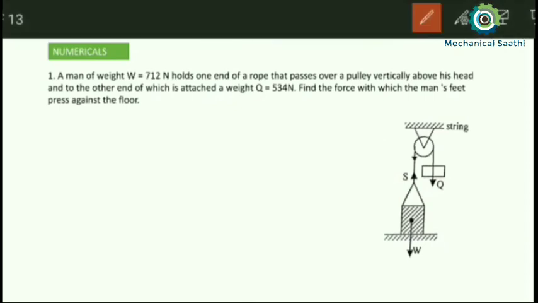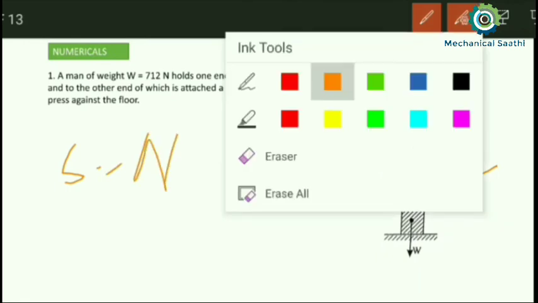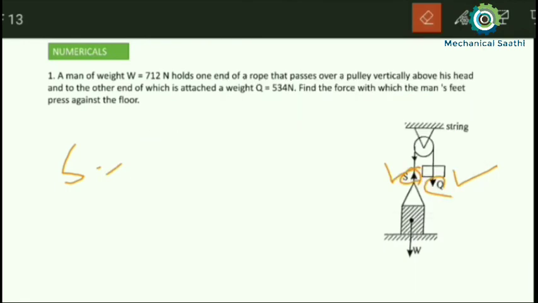So S will be equal to what? This S will be equal to this Q. For the equilibrium condition, these two should be balanced with each other. So I can say S will be equal to Q. This is the capital Q, sorry. So S will be equal to Q, and we can find that it is 534 Newton.